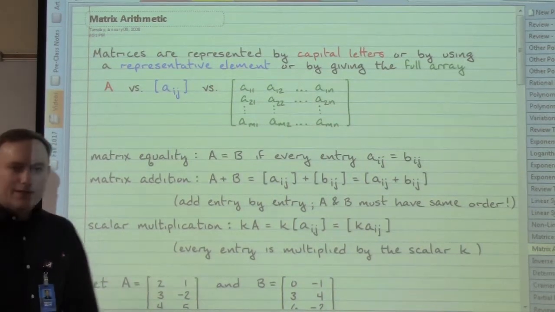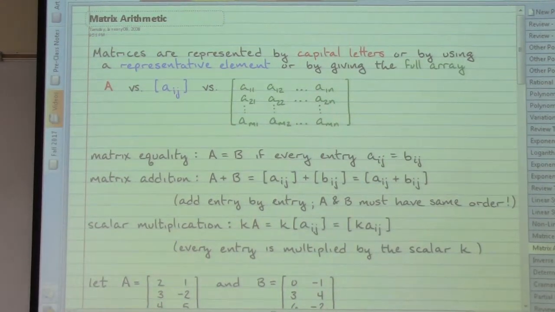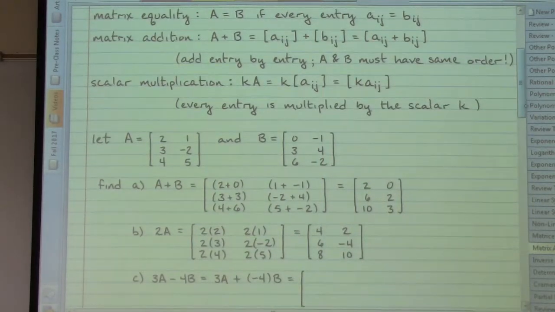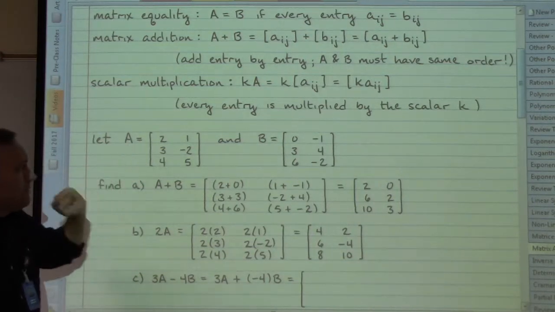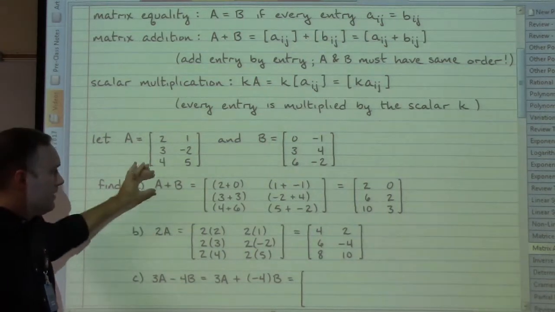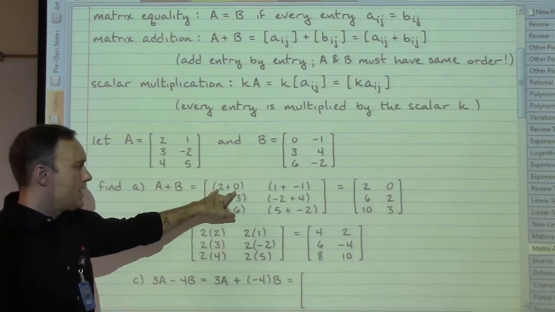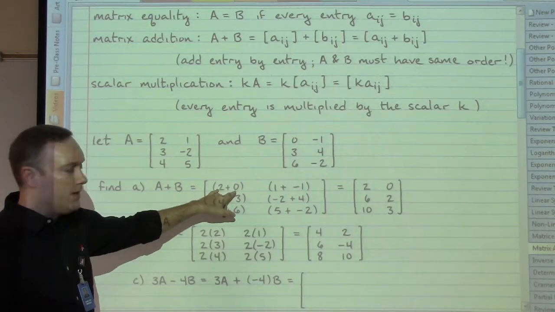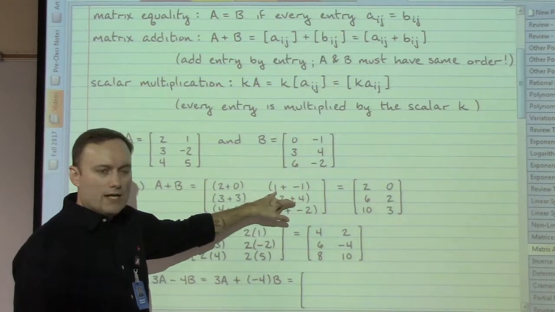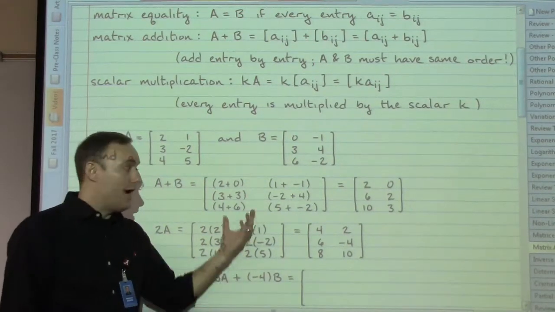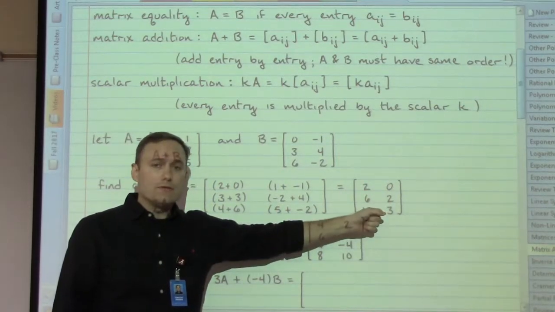So every entry. Now, let's take a look at a couple of examples of this stuff actually taking place so that you can get a better feel for what's happening here. These first two are already worked out based on matrix A and matrix B. If we do A plus B, we are using first row, first column of A plus first row, first column of B. First row, second column of A plus first row, second column of B, etc. We're adding entry by entry to come up with our answer.